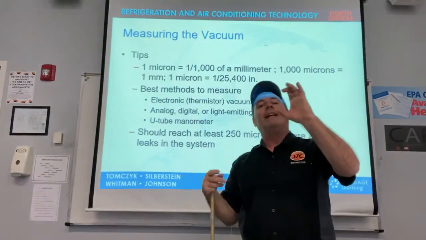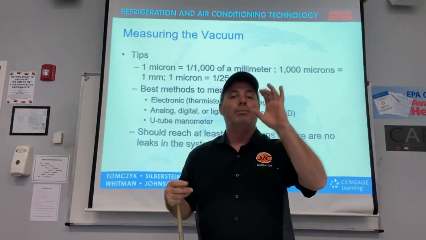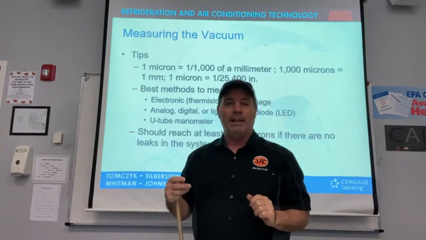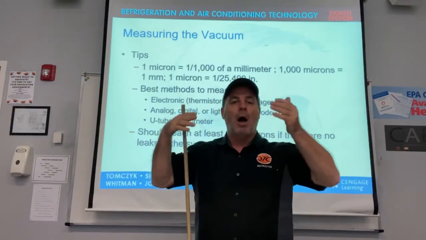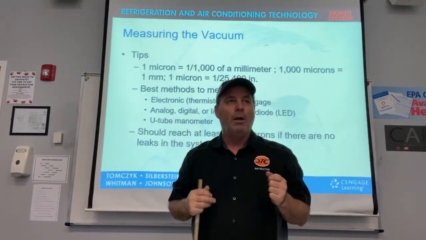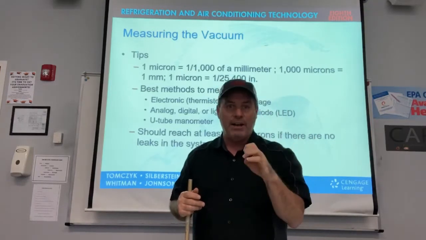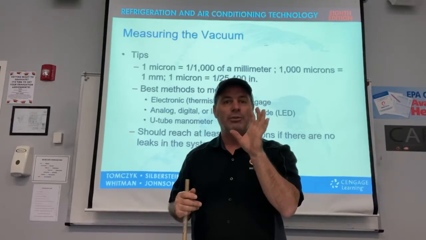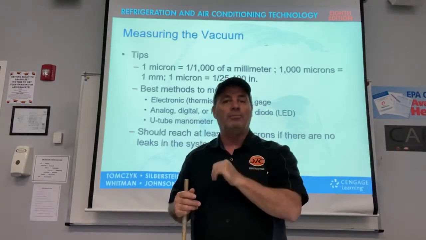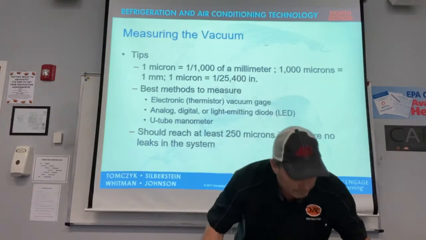Now your blue gauge on your set of gauges, your red and blue gauges, your blue one's called a compound gauge. Just like a compound word, football. On a compound gauge, you have a positive pressure reading and a negative pressure reading. So the compound gauge not only reads low pressure on the low side in PSIG, it also goes backwards and reads into a negative vacuum.